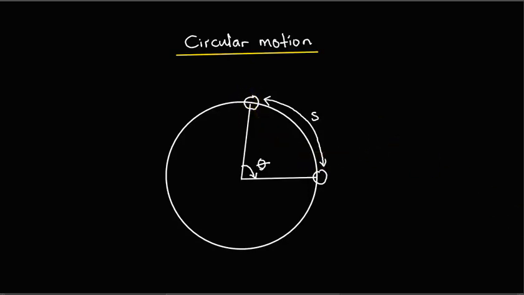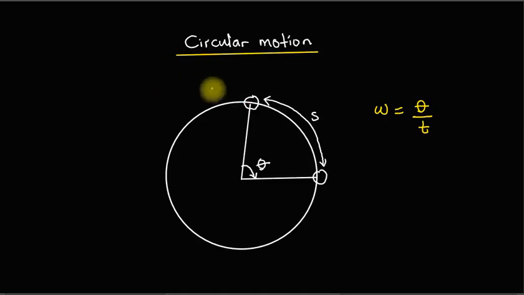So the first thing we need to understand from circular motion is the angular speed or angular velocity, and this is given by the angular displacement over time. So this is angular speed. Now recall that the velocity of a body undergoing circular motion is always directed tangential to the circular path.